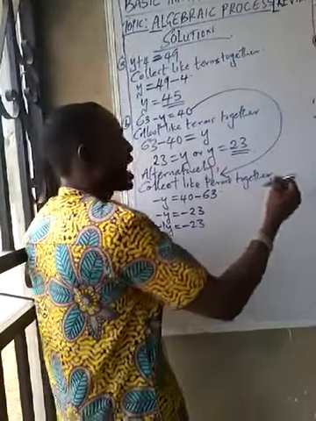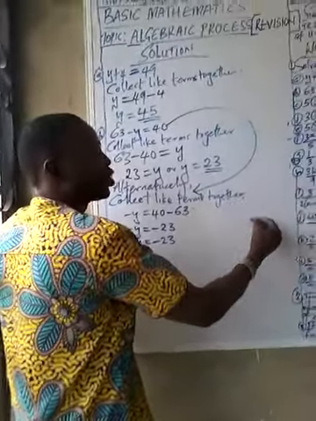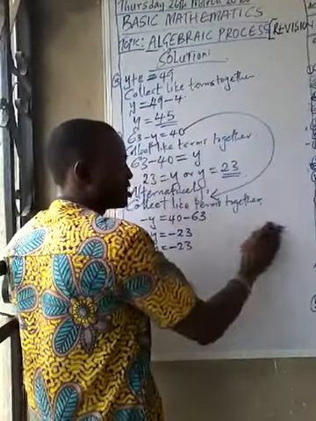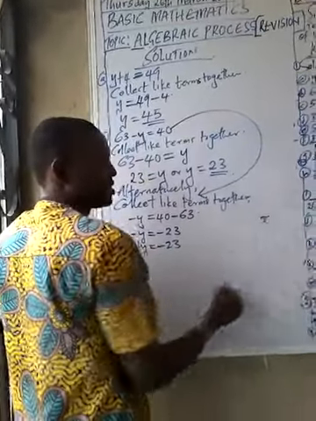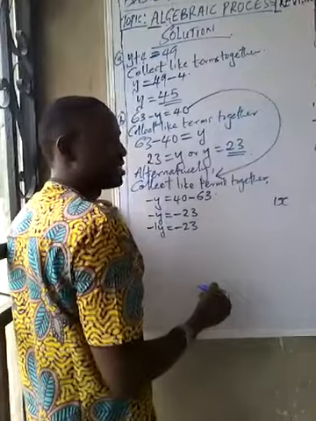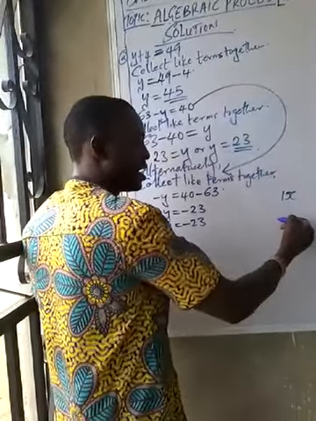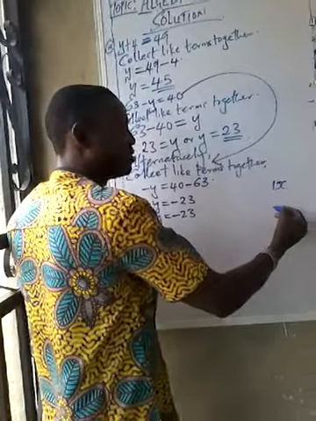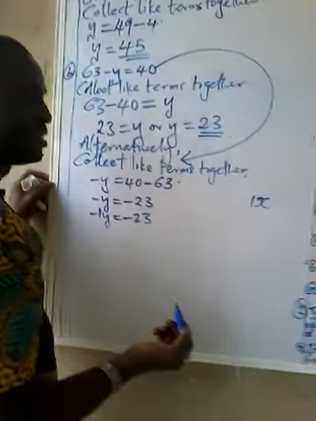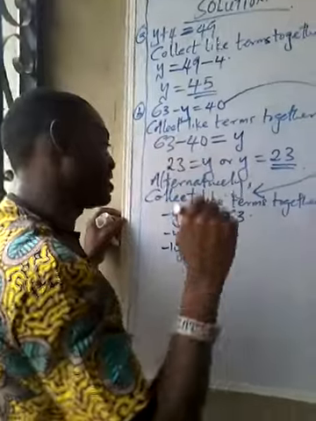Every letter that doesn't have a coefficient, say for instance x, has a 1 in front of it that need not be written. If you say I have a biscuit in my hand, it's similar to saying I have one biscuit in my hand.